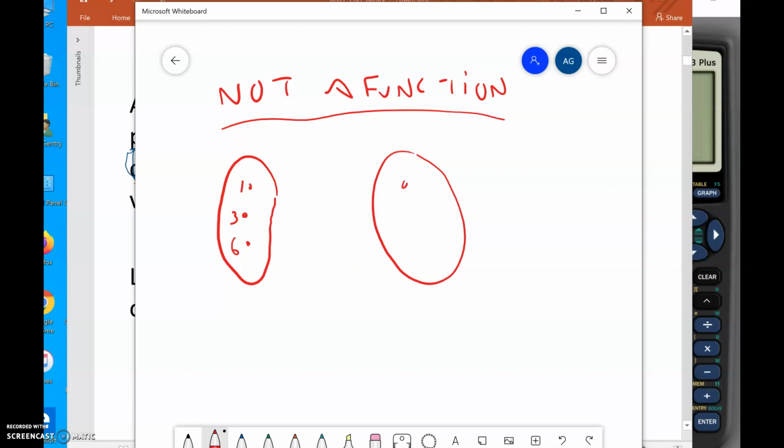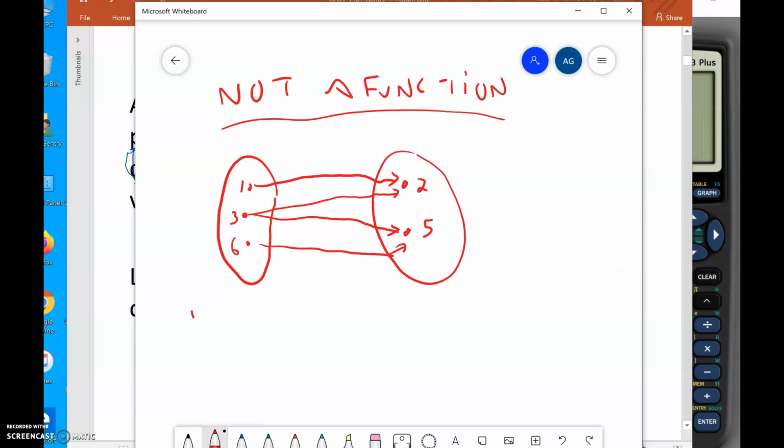And over here I've got the elements 2 and 5. And let's say that 1 goes to 2. And let's say that 3 goes to 5. But let's say that 3 also goes to 2. And then we can say that 6 goes to 5. Okay. So this is not a function, what we're looking at.